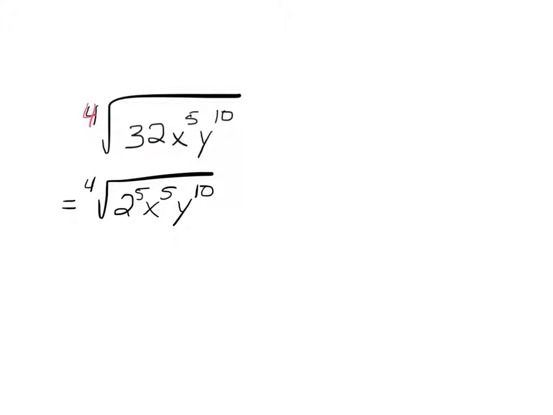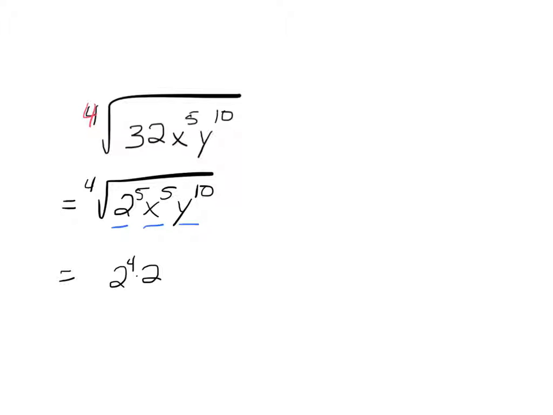What I'm going to do is each of these factors that don't have exponents that work nicely with my index, I'm going to separate them into 2 factors. One of which works really nice with my index, and the other part is what I would call the remainder. And so in this case right here, let's say 2 to the 5th, I'm going to write as 2 to the 4th times 2.